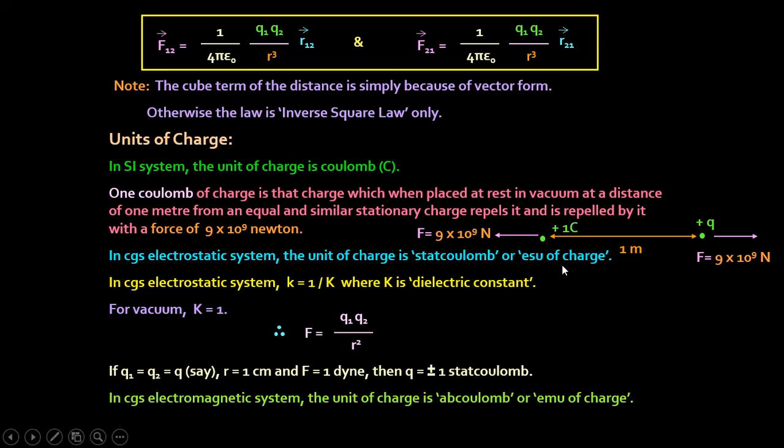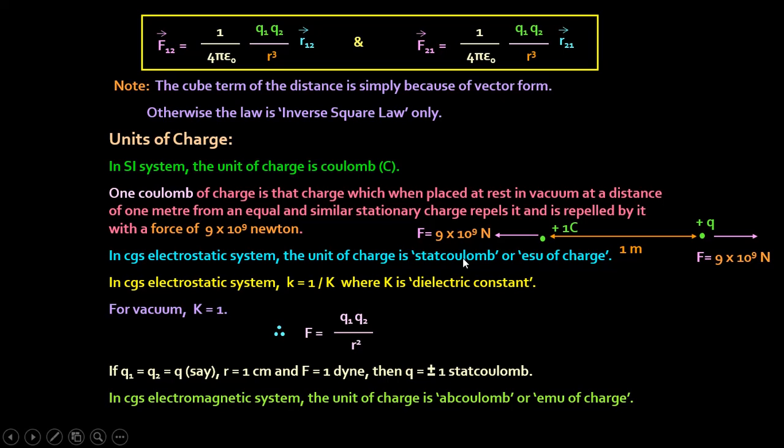ESU is the unit of charge when you are taking the electrostatic system, and EMU is the unit of charge in the CGS system when you are taking the electromagnetic system. So CGS electromagnetic has the EMU of charge, and CGS electrostatic has the ESU of charge. These are the two important units. You can call it a stat coulomb also.